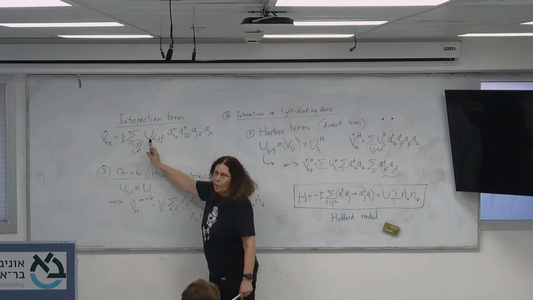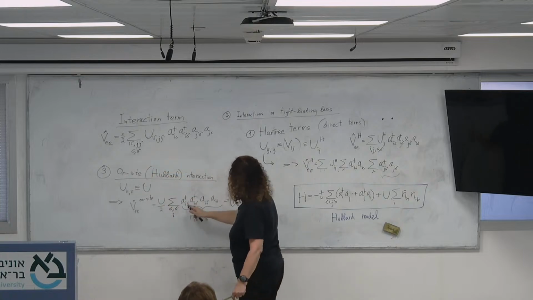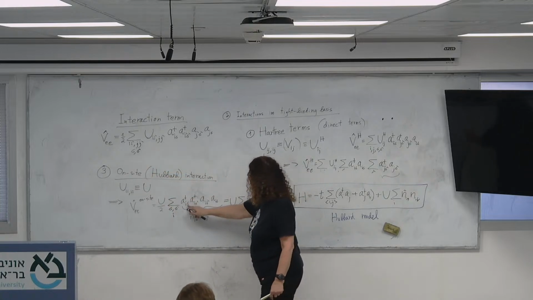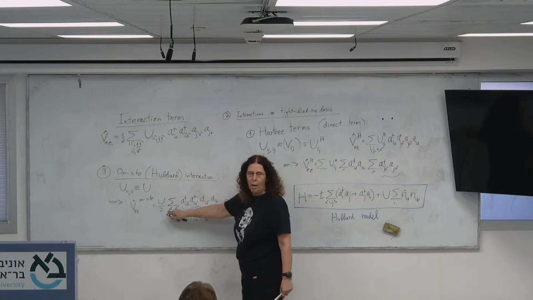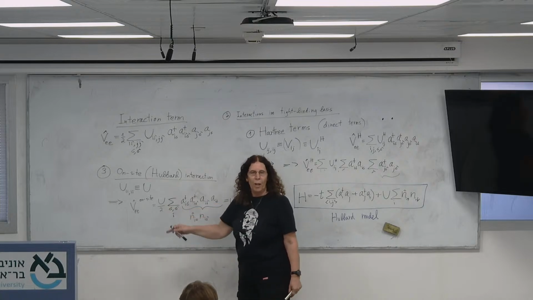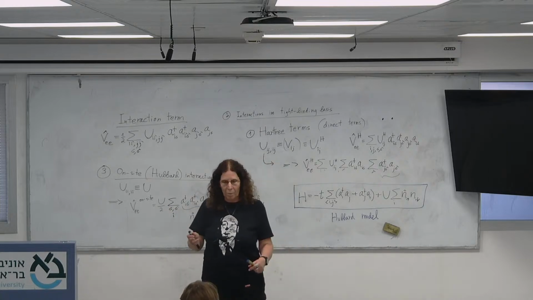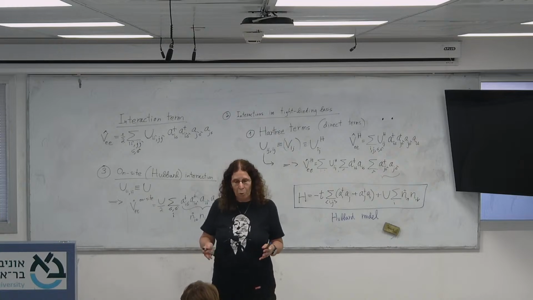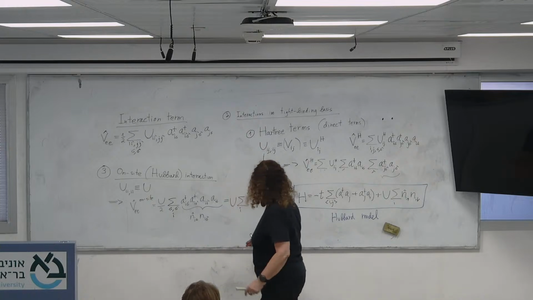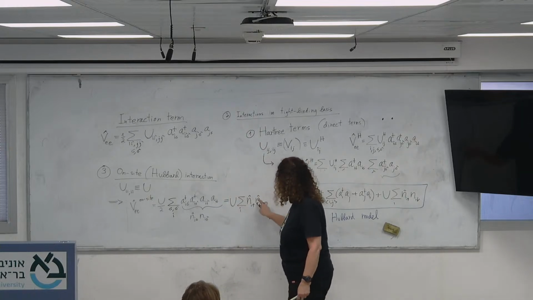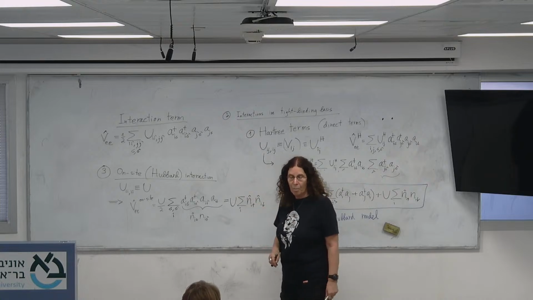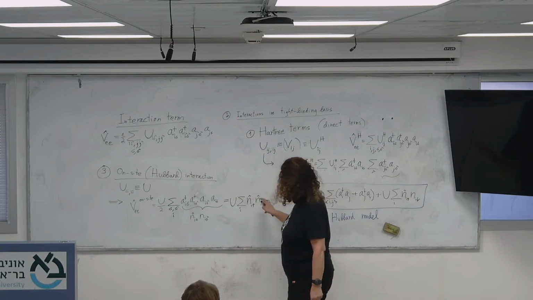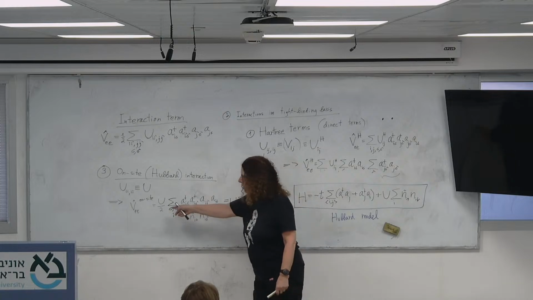Here I use the original definition, but because when I sum over sigma, I have up, down, down, up, down, I have 4 terms. 2 of them vanish, and the other 2 give me the same, right? Because both of them will give me this product is just the same. Okay? So I get twice the same thing, and it cancels the factor of 2.